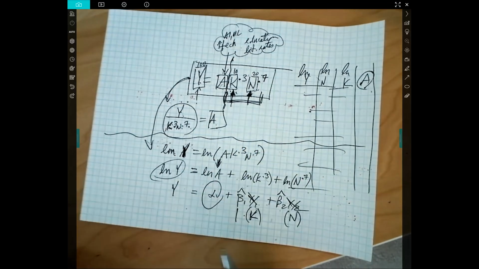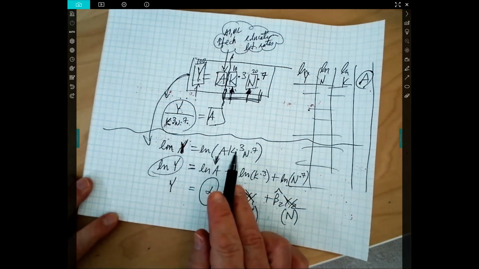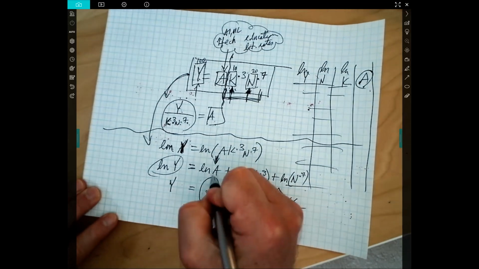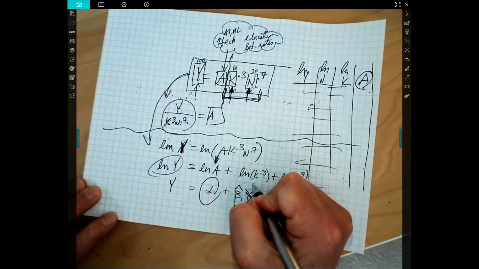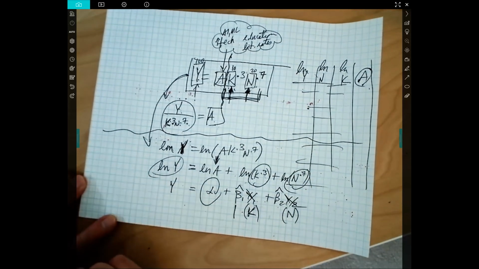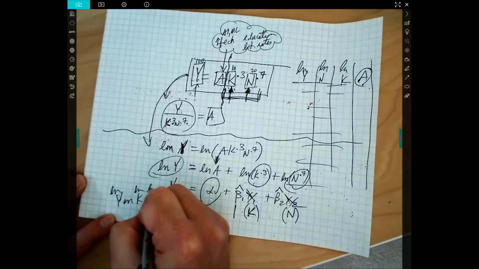When you take the log of something, it's equal to the log of one thing plus the log of that plus the log of that, right? And we can estimate that, because we have data for k and n. So we just run a linear regression of the log of y on the log of k and the log of n.